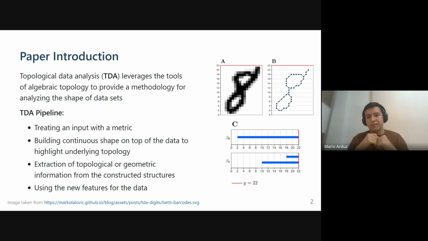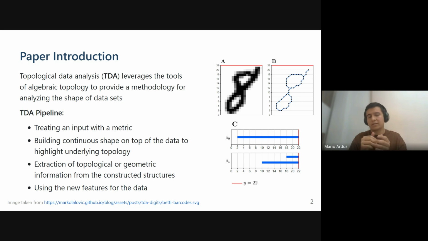And then with this connection of dots, this shape of the representation of the number 8, we can try to get some features out of it with topology. These features are shown in C. These correspond to the Betti numbers, which are representations of components and circular holes that the image has.